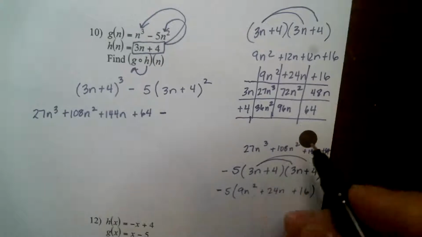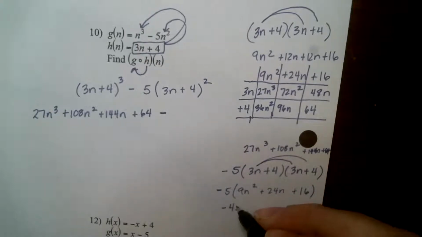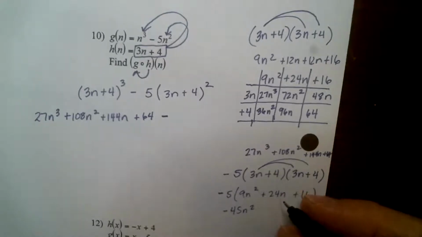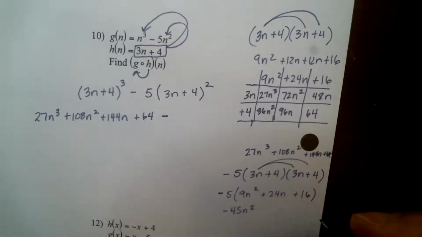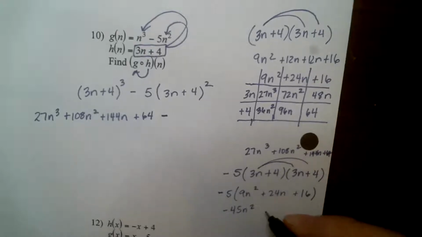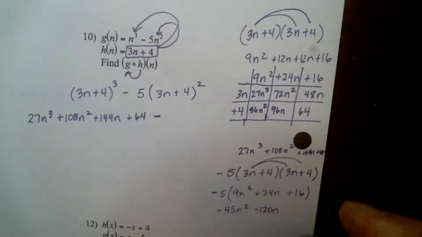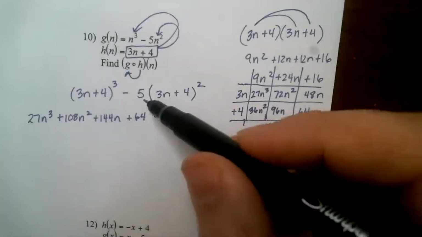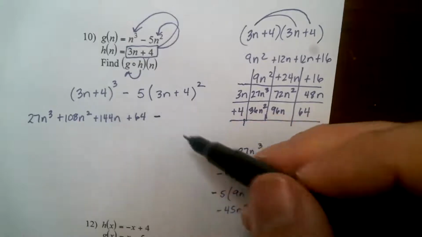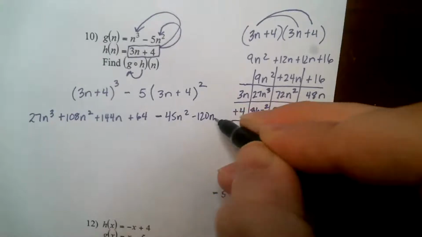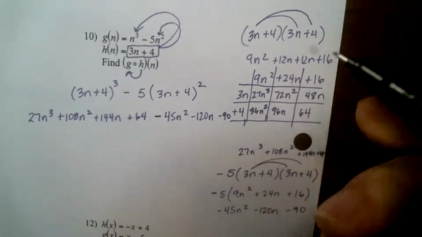So then -5 times 9n squared would be -45n squared. And then -5 times 24 would be -120n. And then -5 times 16 would be -90. Of course, we attach the negative with the 5, so it's -45n squared minus 120n minus 90.